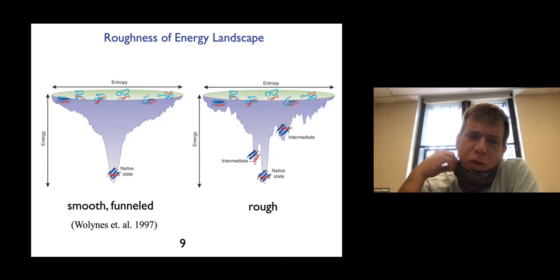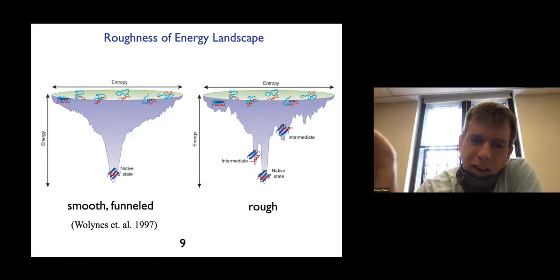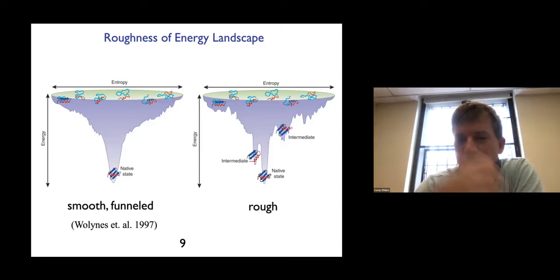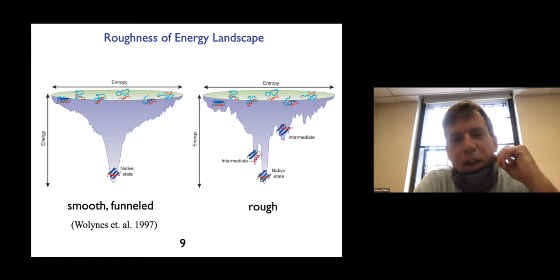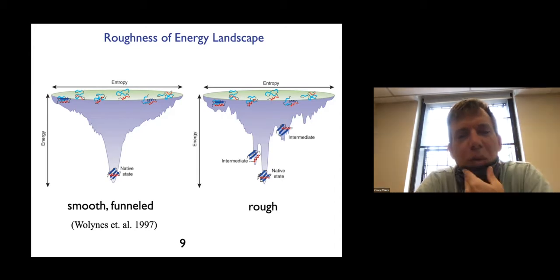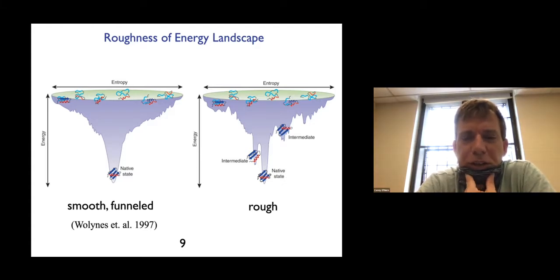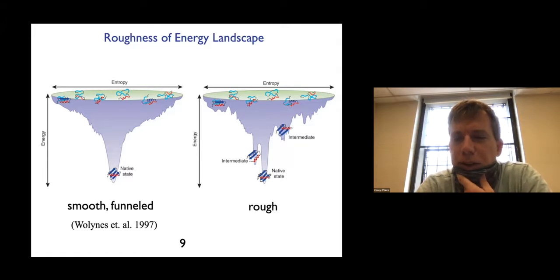And what they think is that for proteins, at least those that have gone through significant evolutionary pressure and round after round of selection, the energy landscape for well-folded proteins looks like the one on the left and not the one on the right.